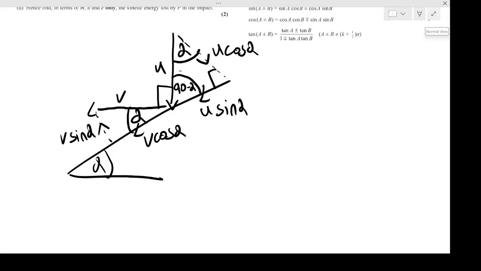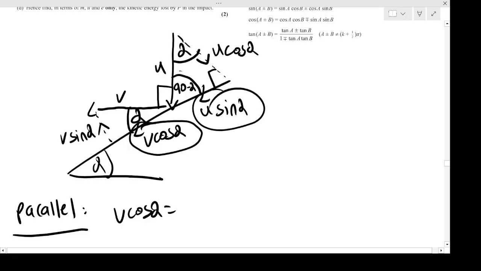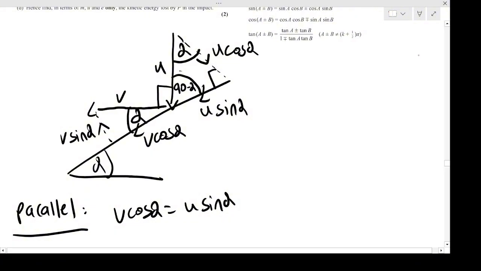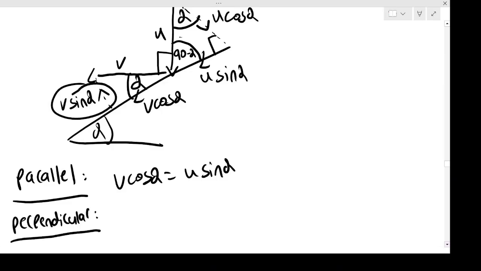So at this point, again, I'm just going to do my two equations. So the parallel component here is v cos alpha. That's going to equal the parallel part before, which is u sine alpha. Okay. I can also do the perpendicular part. So afterwards, the perpendicular part is v sine alpha.